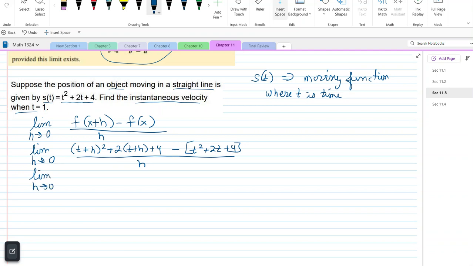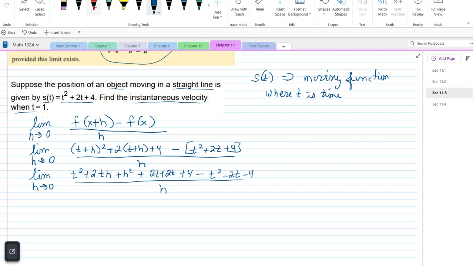We're going to FOIL: t squared plus 2th plus h squared. Now do the distributive property: 2t plus 2h plus 4. And the distributive property of the negative 1: minus t squared, minus 2t, minus 4, all over h.